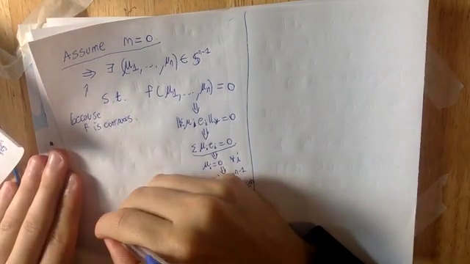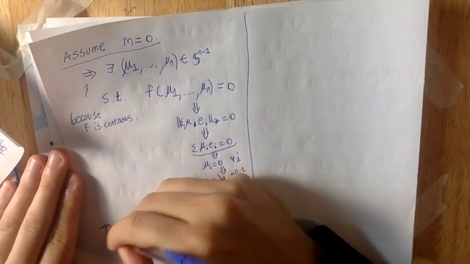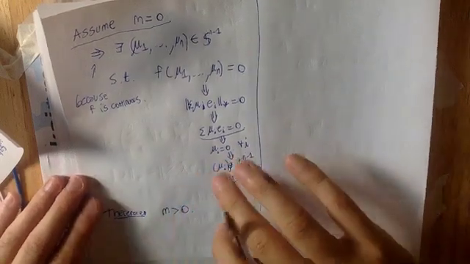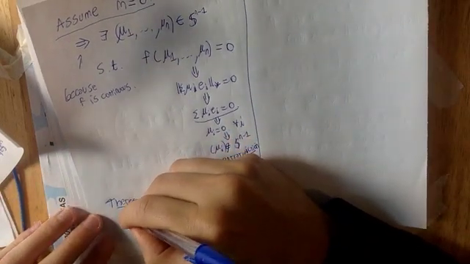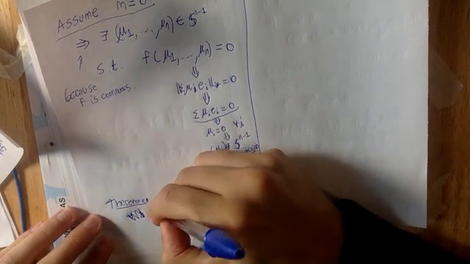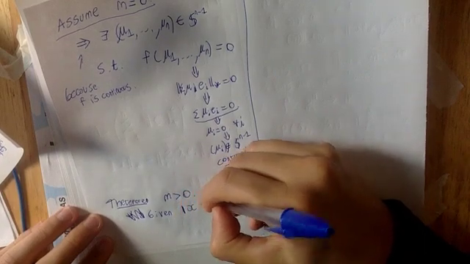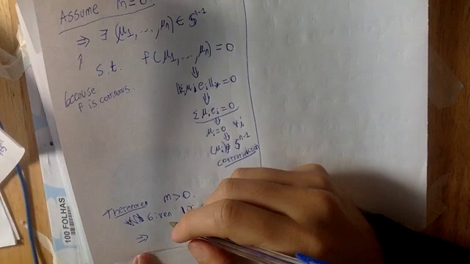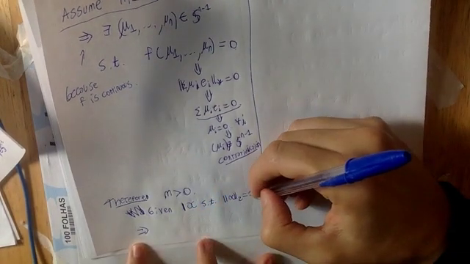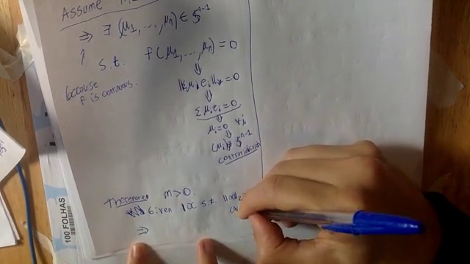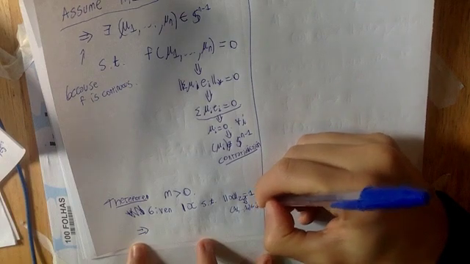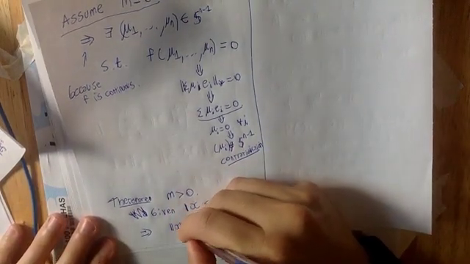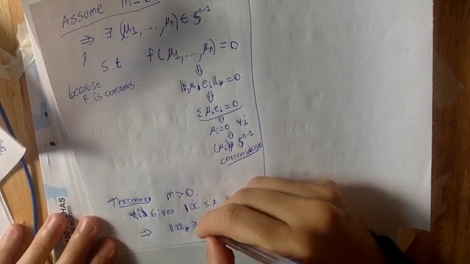Therefore m is strictly bigger than 0, and this implies that for given x such that the norm of x 2 is equal to 1, which is equivalent to lambda 1 through lambda n in S^{n-1}, then the norm of x star is bigger or equal than m.